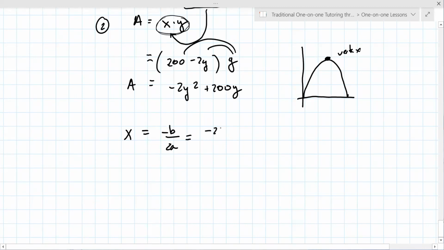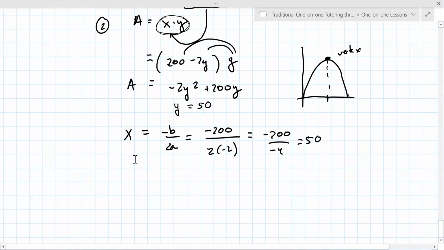So this is minus 200 over 2 times minus 2. That equals minus 200 over minus 4, which equals 50. So 50 is this place right here, and since we were doing it for y, y is 50.